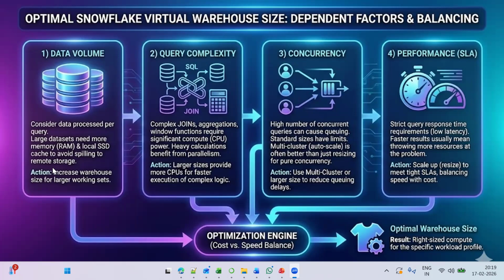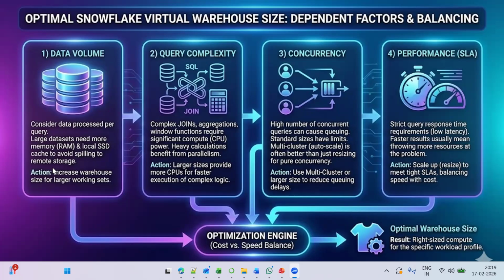When you get a data spilling issue, you experience delay. Next is query complexity, because not every query involves complex joins, aggregations, window functions, and so on. These are all cost-based operations.